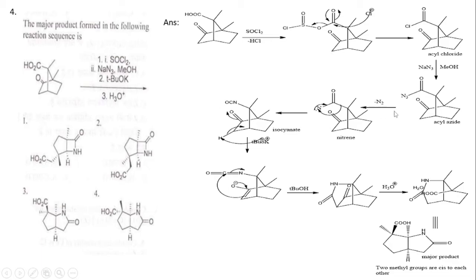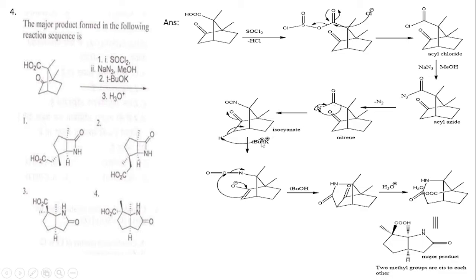Then there is removal of nitrogen, and it leads to the formation of this nitrene intermediate, and from this nitrene intermediate it leads to the formation of this isocyanate, like this way.